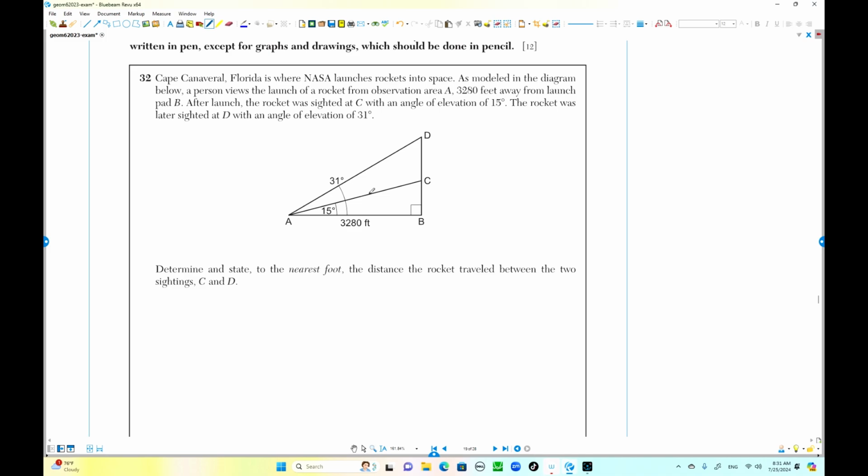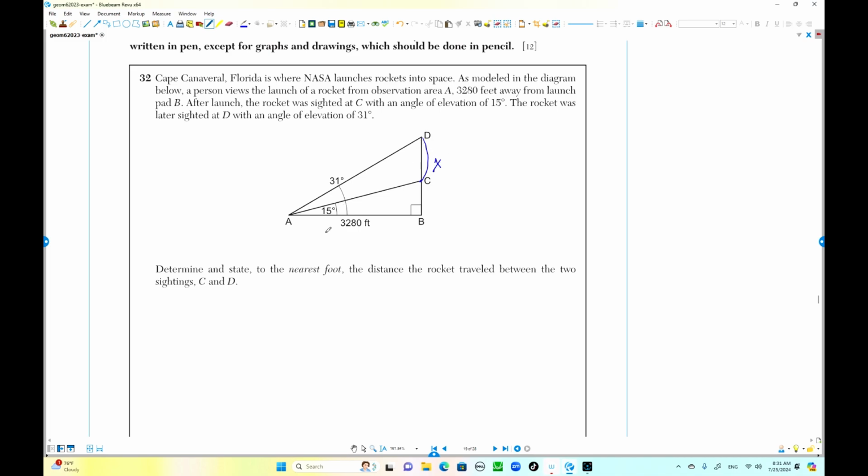The first time, the rocket is at point C, and the second time the rocket is at point D. At this time, the elevation angle is 31 degrees. That is the question. Determine, to the nearest foot, the distance the rocket traveled between the two sightings C and D. We're going to find the distance CD.